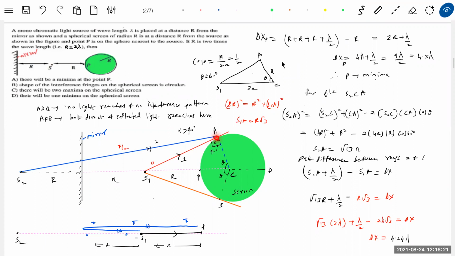This is 4.24. So can we expect any maxima here? Because for maxima it should be equal to n lambda, no? So 4.5 is here. So one minima will come here, that's all. We don't get any other maxima here.